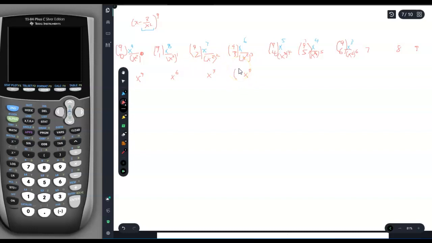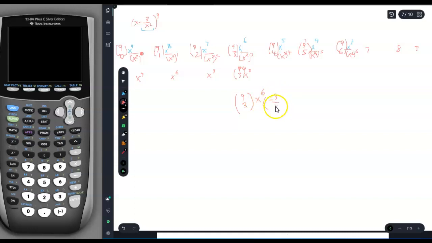Okay, so 9 choose 3, x to the 0. Sorry, the pen is freaking out. And now we can write out the rest of it, bigger. 9 choose 3, x to the 6th is the a term, and the b term would be negative 3.